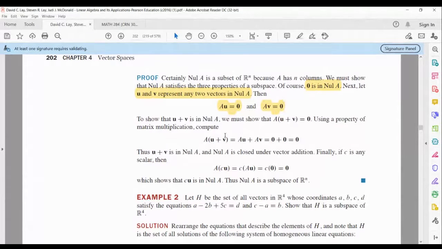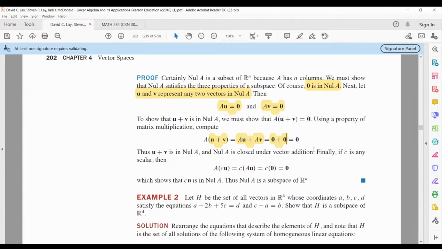Let's see if the null space is closed under vector addition. That's the second condition we need to verify for a subspace. Here's u plus v. If you multiply A times u plus v, you're going to get Au plus Av, and that's going to equal 0 plus 0.